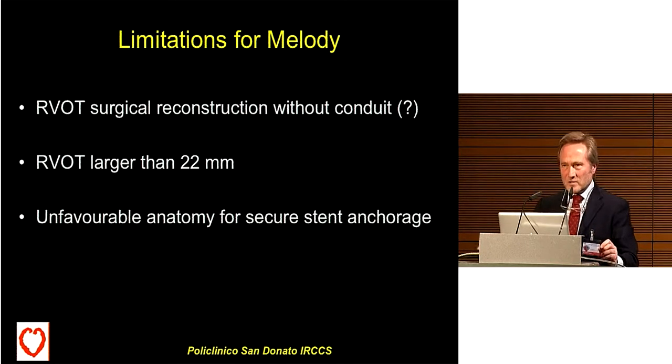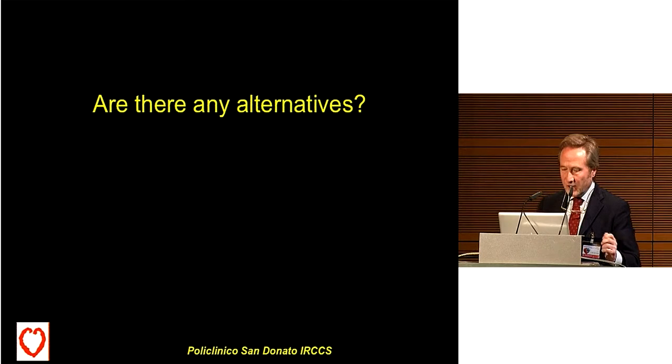There are limitations for the Melody because we don't know whether it can be used in right ventricular outflow tract reconstruction without a conduit, or in an RV outflow tract significantly larger than 22, or generally in unfavorable anatomy for securing stent anchorage.